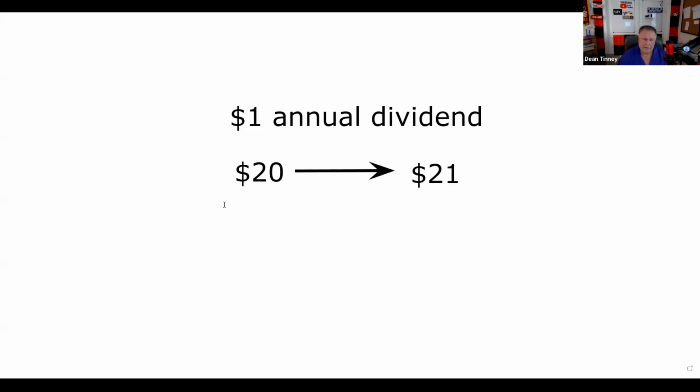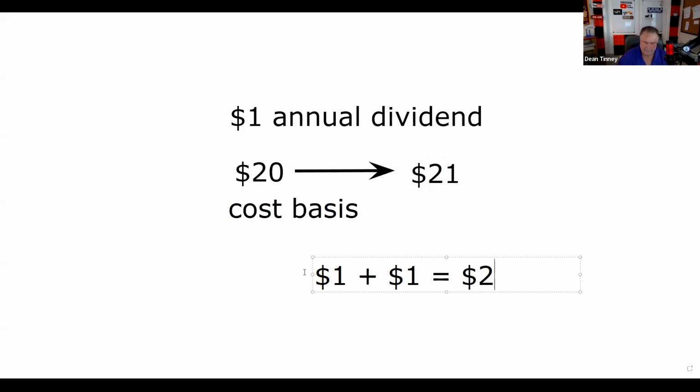And so they ask me, what is my total return? What I simply do is I take the $1 I made from the income stream, plus the $1 I made in price appreciation. So I made a total return of $2. And it cost me $20 to make that $2. So test question, what is my total return? I simply take what I made divided by what it cost me.